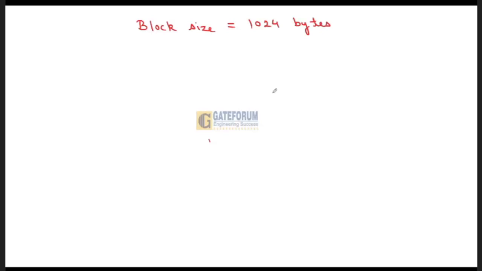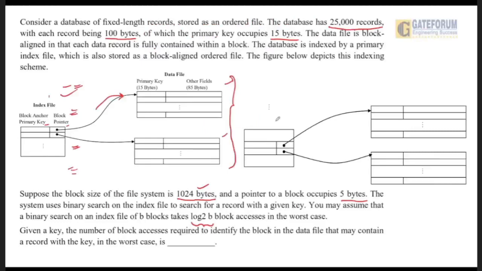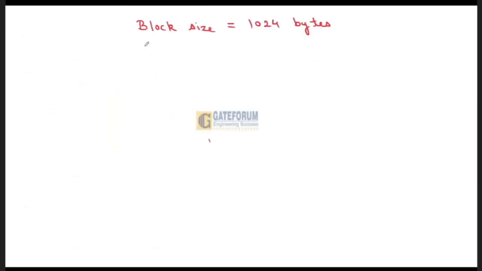Okay, this is the block size. Now what is the record size? You can see each record is of 100 bytes. So let us write record size is equal to 100 bytes.